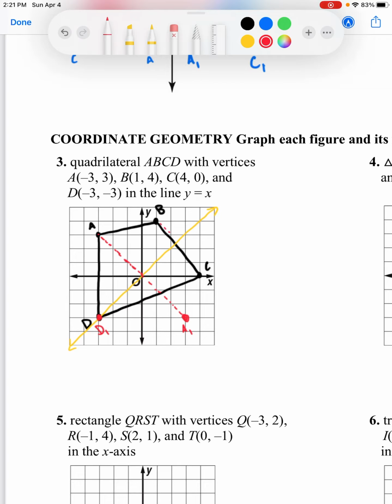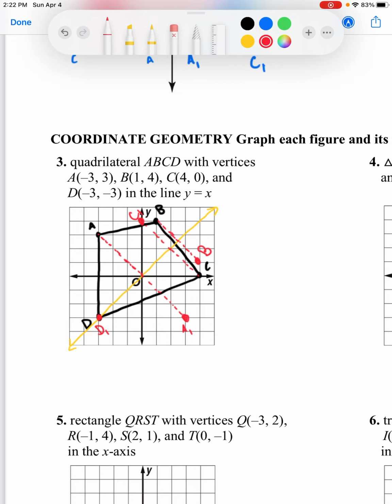Now we're going to repeat the steps with B. We go 1.5 to the line, so we go 1 and 1/2 away from the line. So we're keeping that same spacing on both sides. Now C, we're going the opposite way, but we follow the same steps. So we go 1, 2 to the line of reflection and 1, 2 past the line of reflection. And that's going to be our C prime.